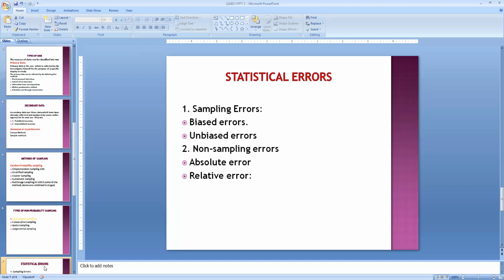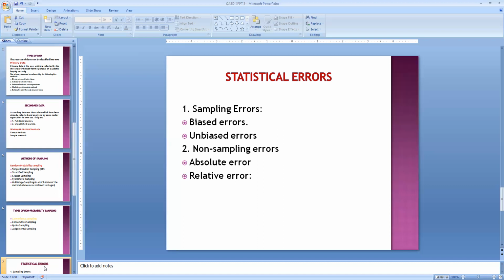Again, in sampling error, we have biased and unbiased errors. Biased errors exist due to the views of the informants and investigators, error in defective measurement or defective sampling, and unbiased errors exist naturally or suddenly without any bias.